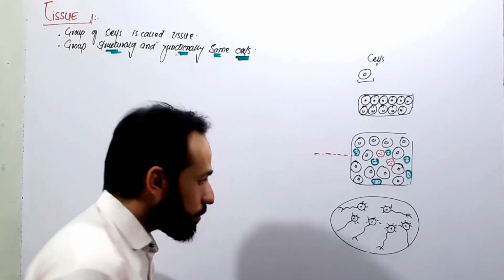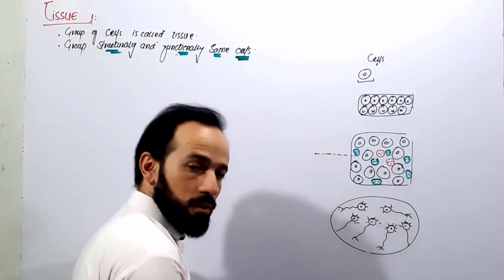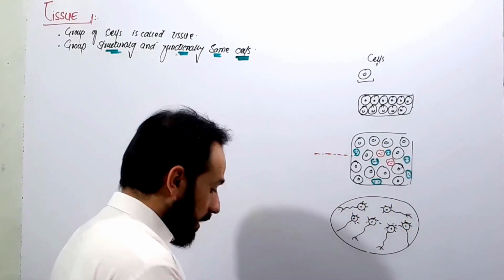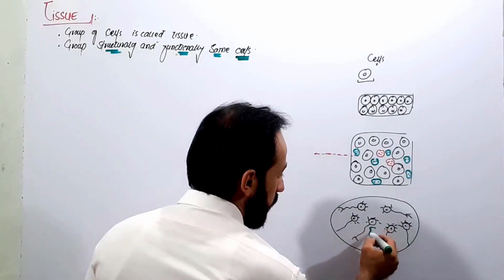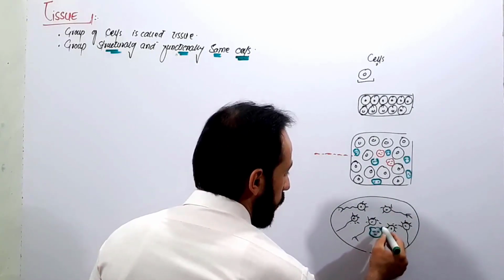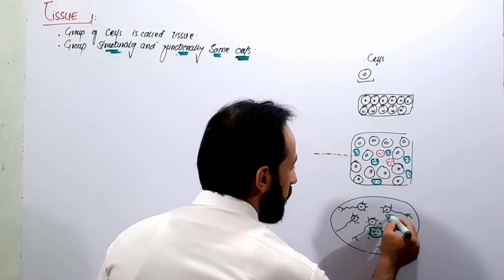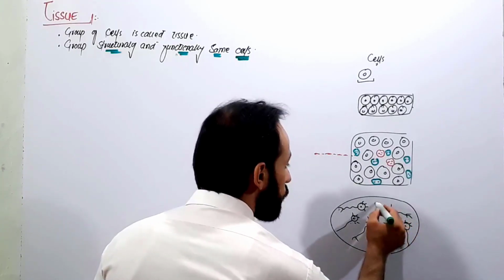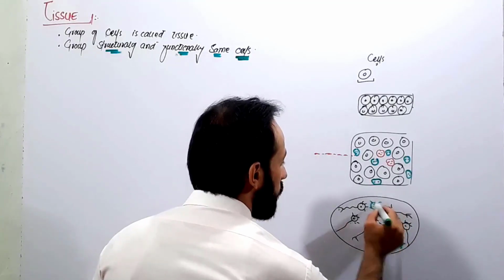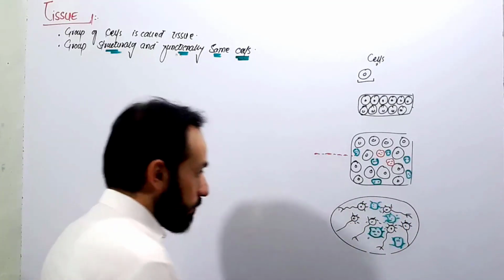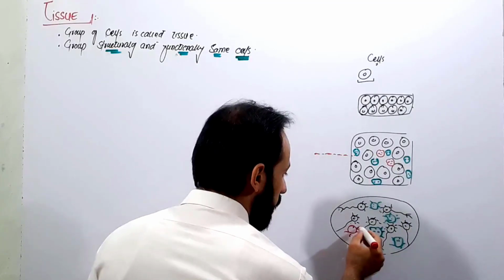But you know that in this tissue you have these nerve cells, but along with these nerve cells you have certain other cells also which we call the glial cells, and these glial cells are also living here. They are also present there, right. We should not forget them, right.